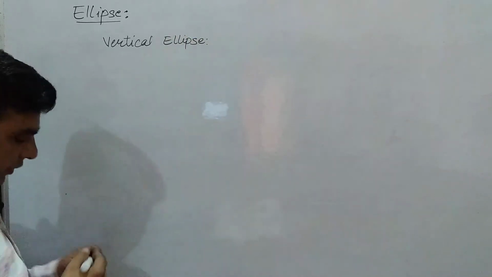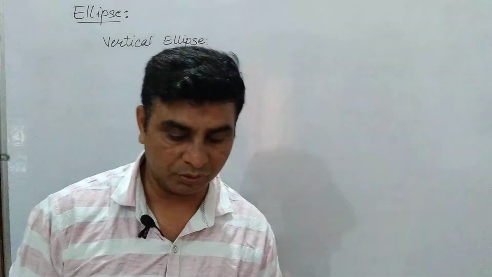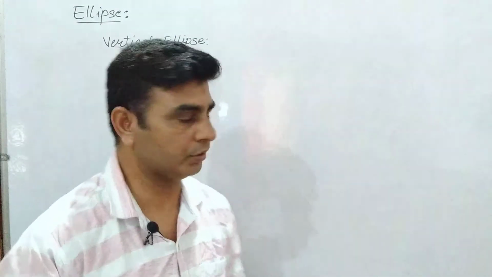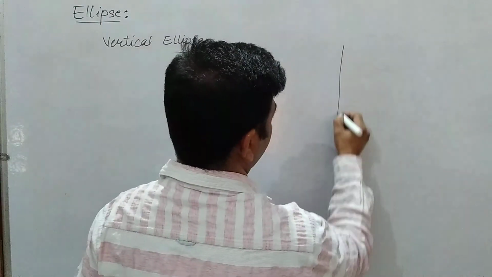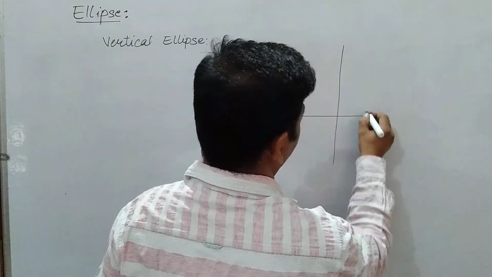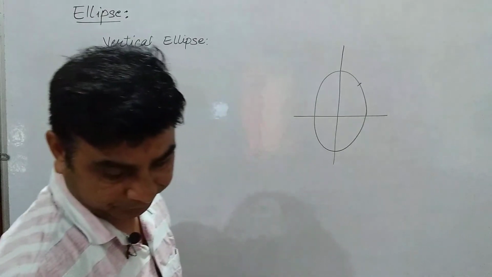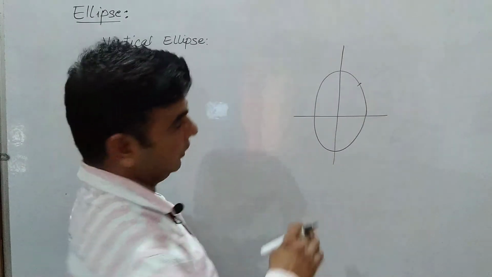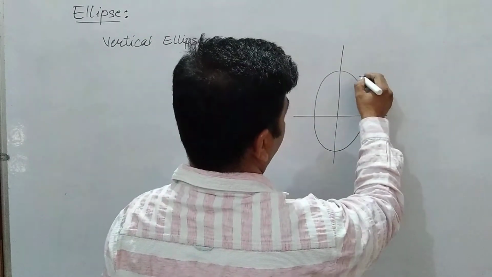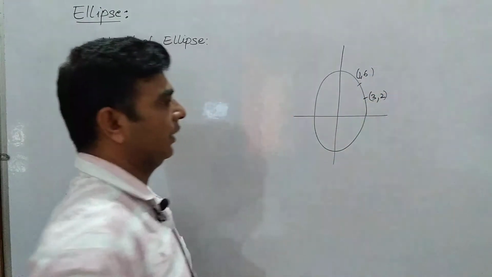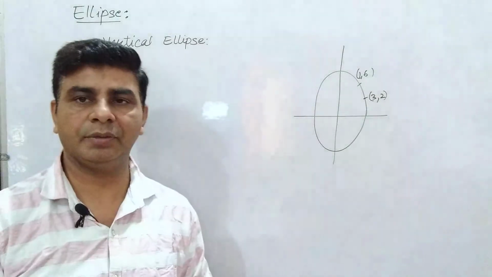And for that it is given that this ellipse is passing through the 2 points 3, 2 and 1, 6. Let this be the ellipse which we require to find, and it passes through the points 1, 6 and 3, 2. So we want to find the equation of this ellipse.